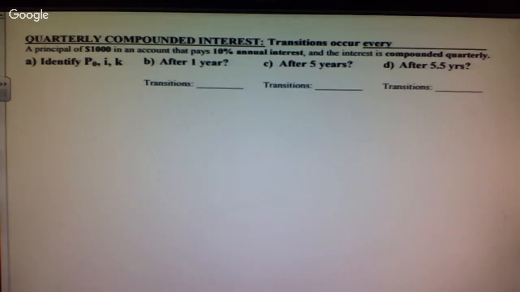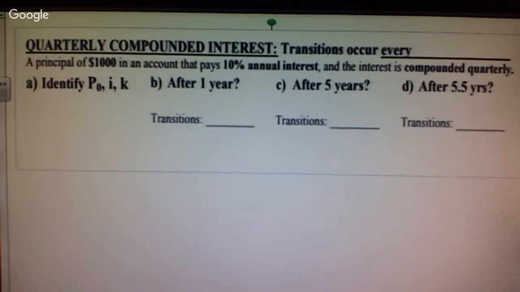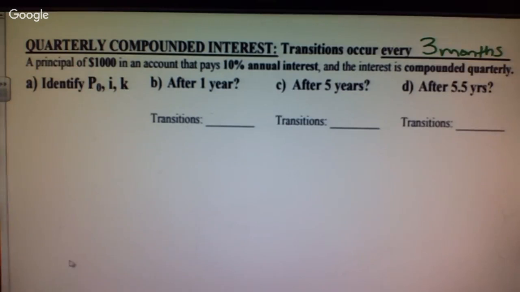Quarterly compounded interest happens every how many months? Every 3 months. And it's how many times a year? 4 times a year. So don't get that confused. It happens every 3 months, which is 4 times a year.